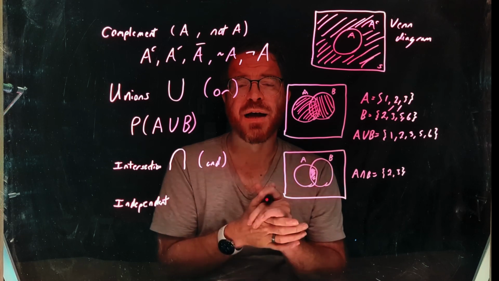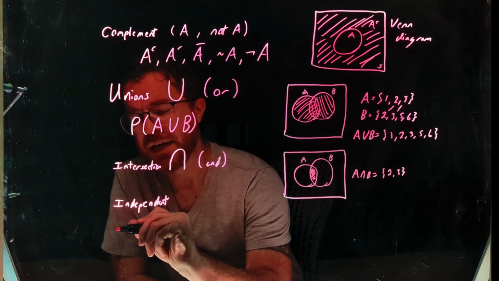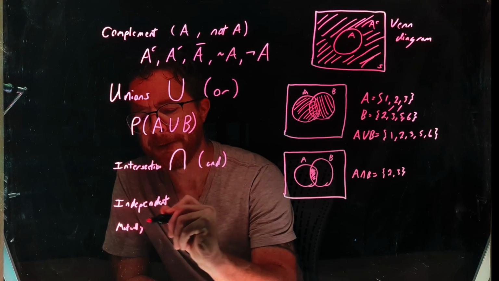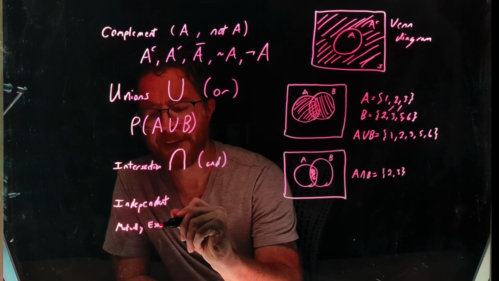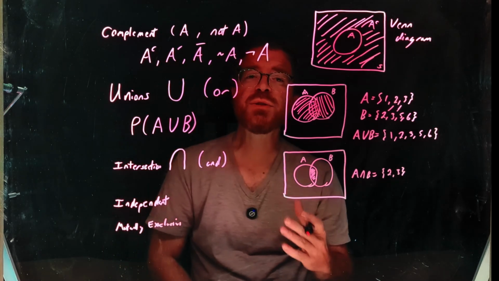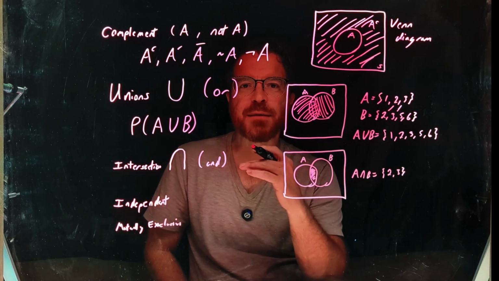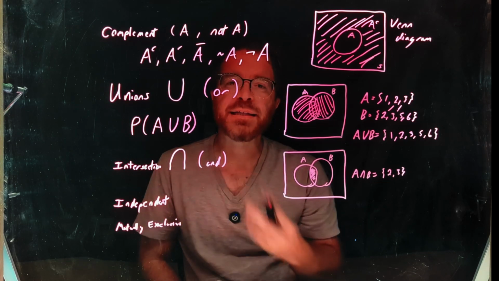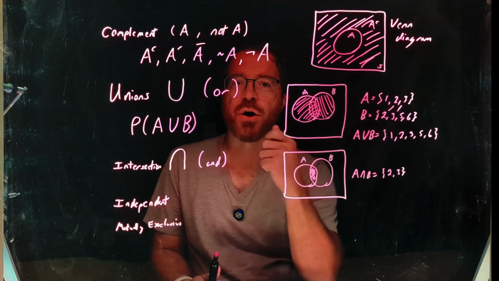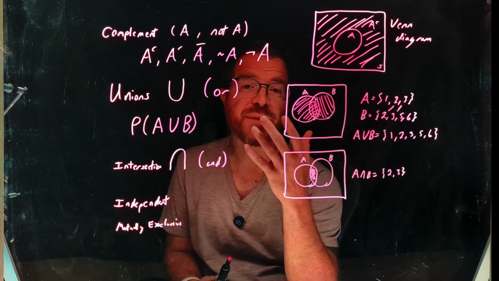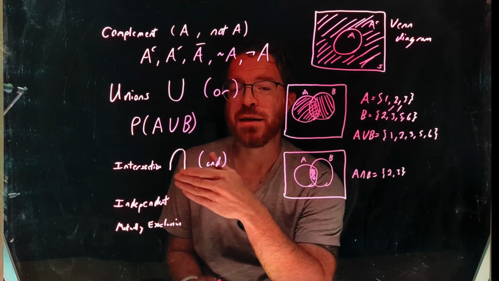Another important definition we have are events that are mutually exclusive. Mutually exclusive events are events that if one happens, it means the other could not have happened. An example of this would be, if I draw a card and I tell you it's red, then mutually exclusive from that, it could not also have been black.